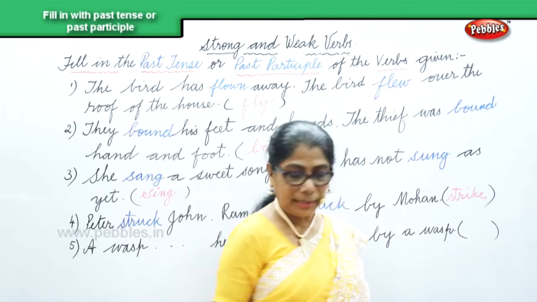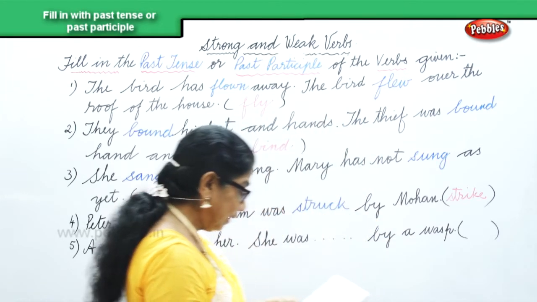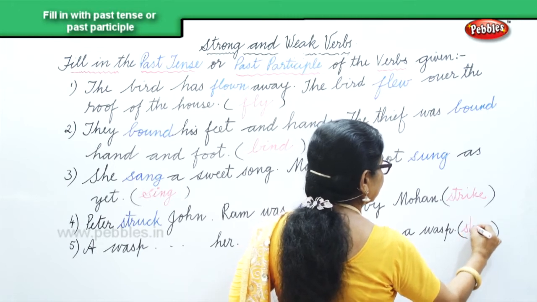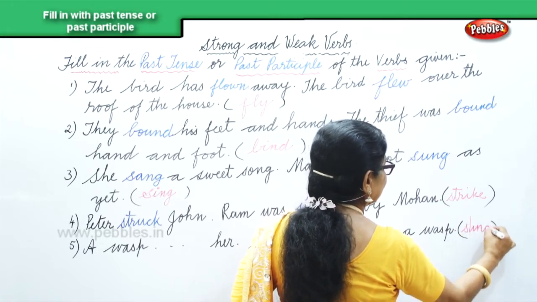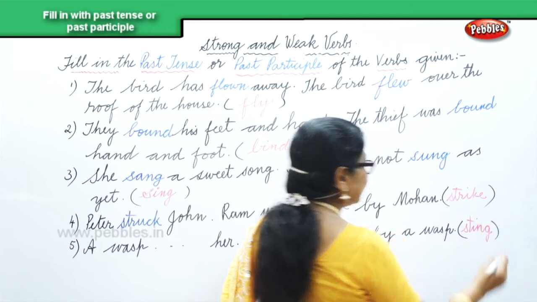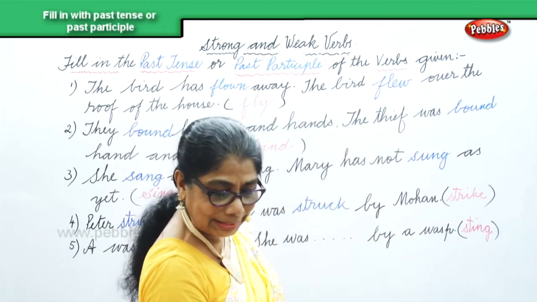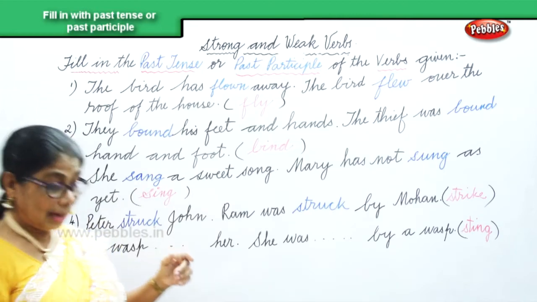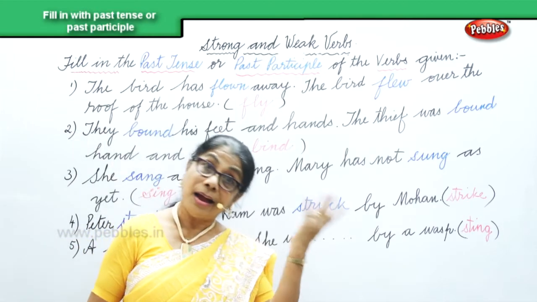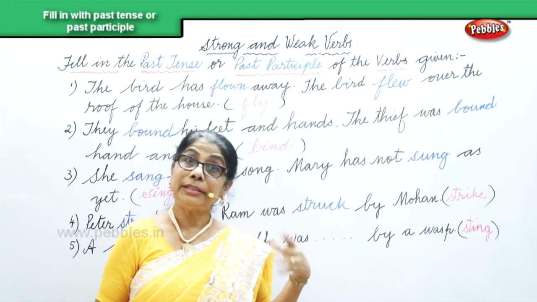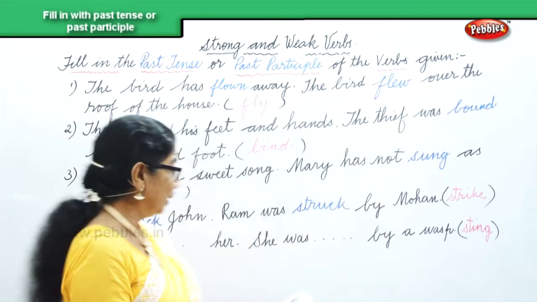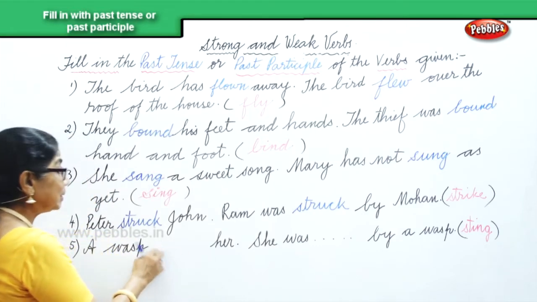And the verb in the present tense given is sting. A wasp or a bee will sting. Now, sting is in the present and then stung is in the past. Past participle also stung. Sting, stung, stung. Okay, so a wasp stung her.